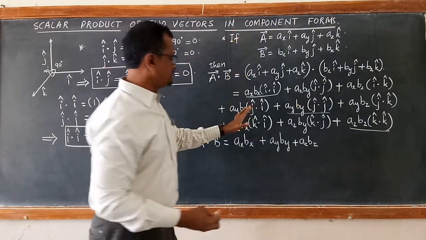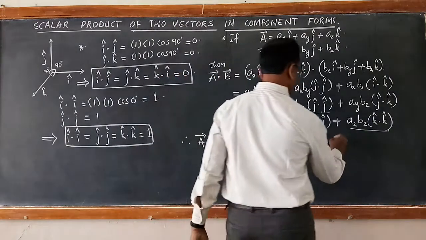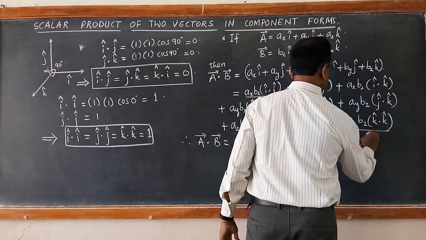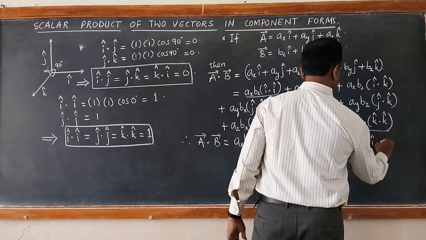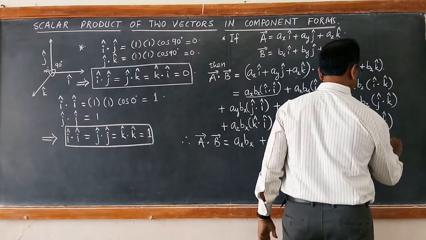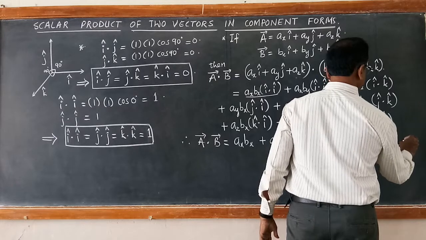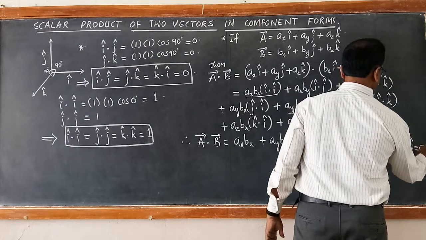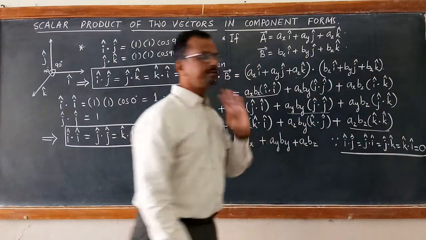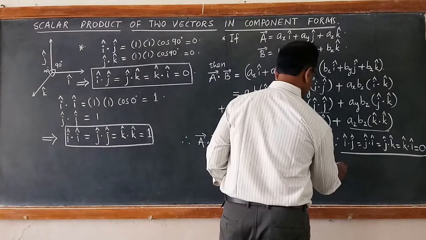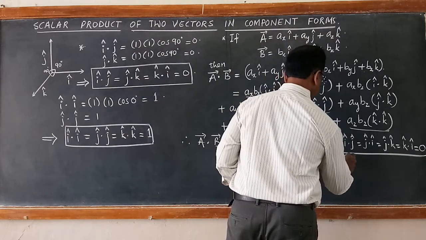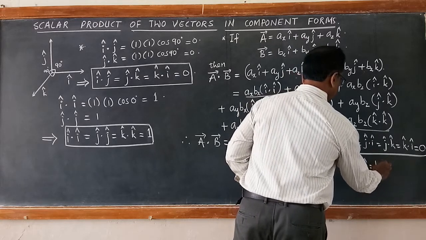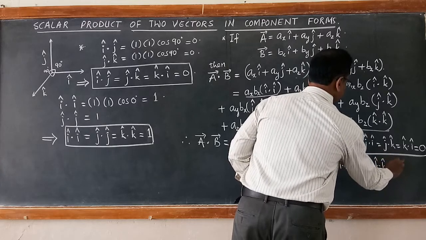That's it. Remaining all terms become 0, because you can write i dot j equal to j dot i equal to j dot k equal to k dot i equal to 0, since the angle between them is 90 degrees. And i dot i equal to j dot j equal to k dot k equal to 1.